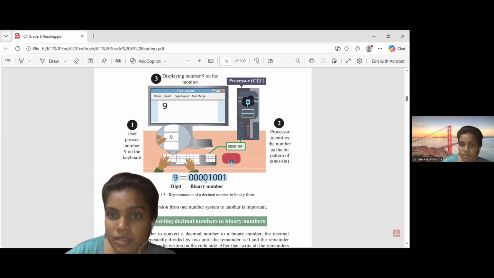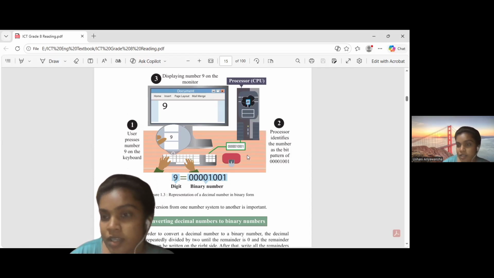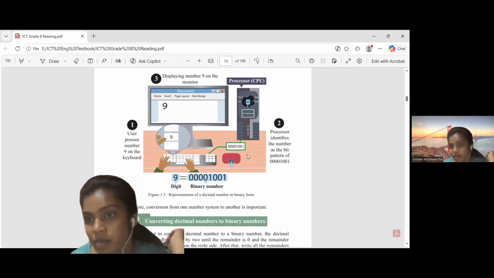So, CPU converts that number to binary number system like this, right? Importance of conversion from one number to another number, right?